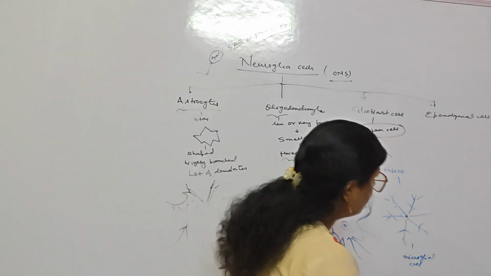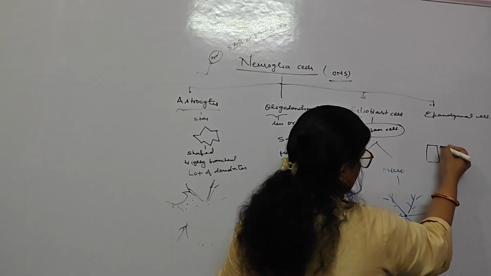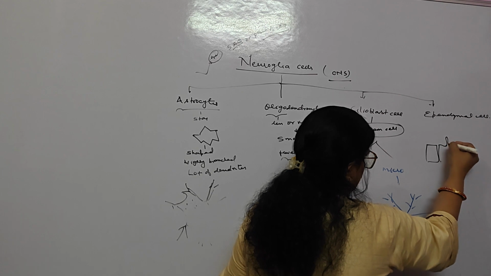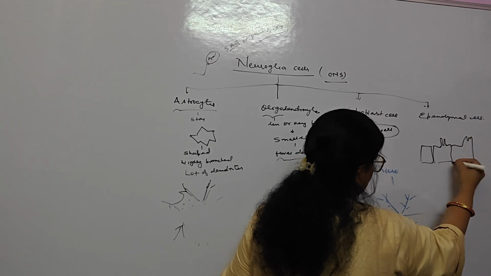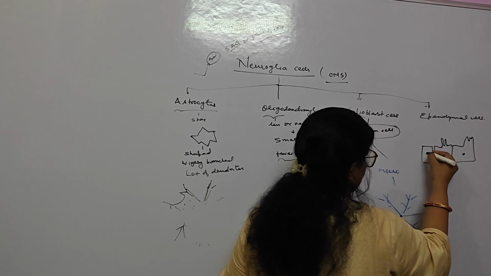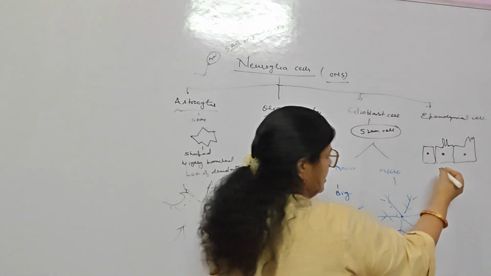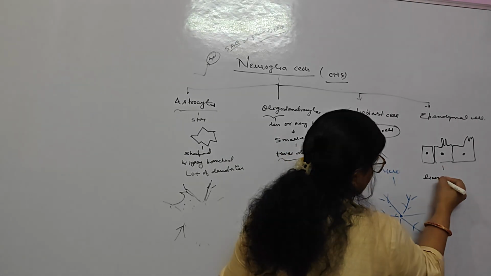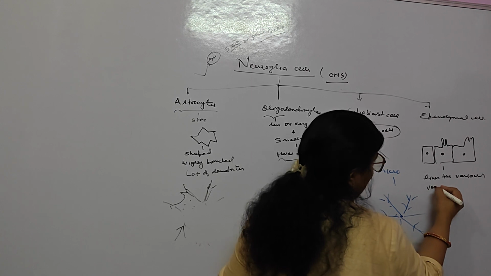So what are ependymal cells? Ependymal cells are flat cells having finger-like projections or processes over them. These form tiles or walls that line the various ventricular cavities.